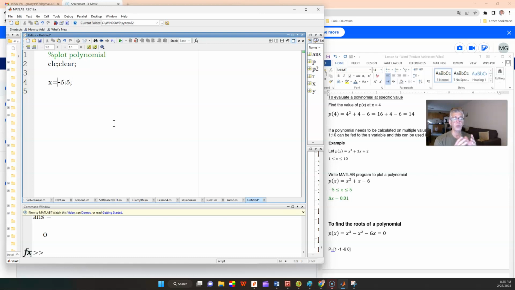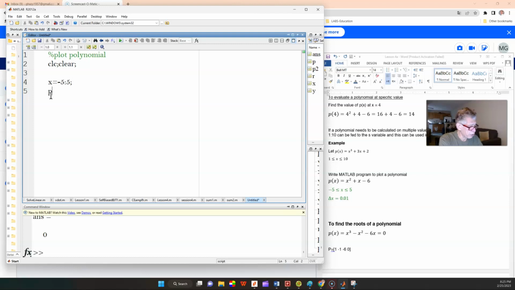It means it will plot the polynomial when x equal -5, -4, -3, -2, -1, and so on. So only incrementing by 1 will make the polynomial not look like a smooth curve. Let me do that and see how we can fix this. So that's the domain, x from -5 to 5.